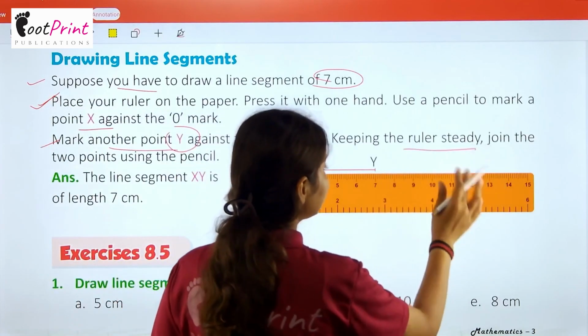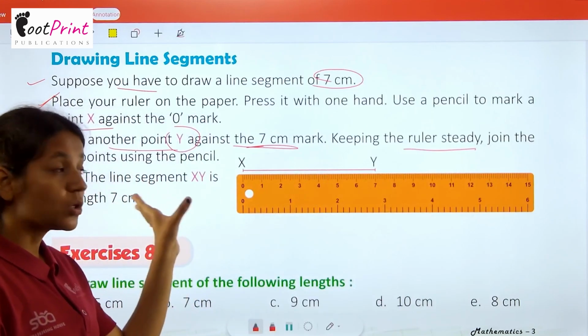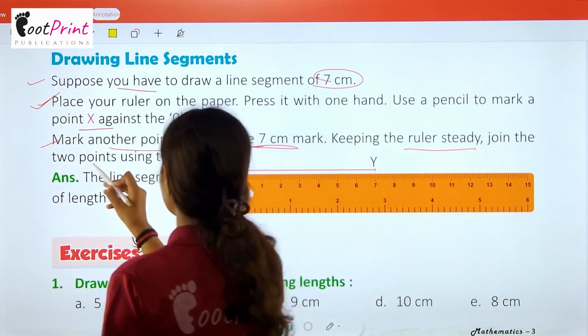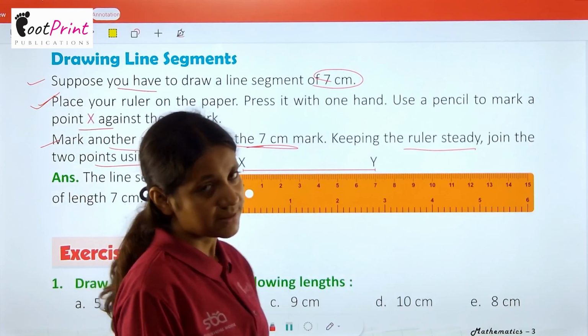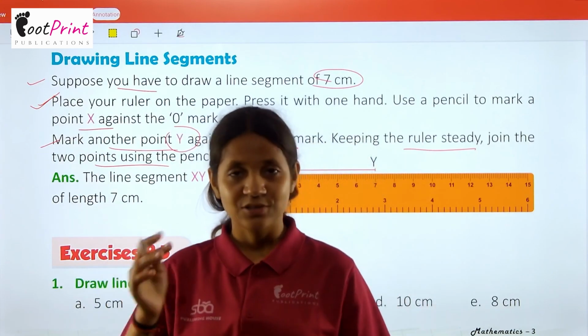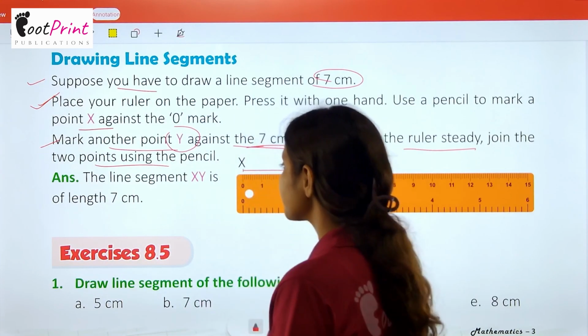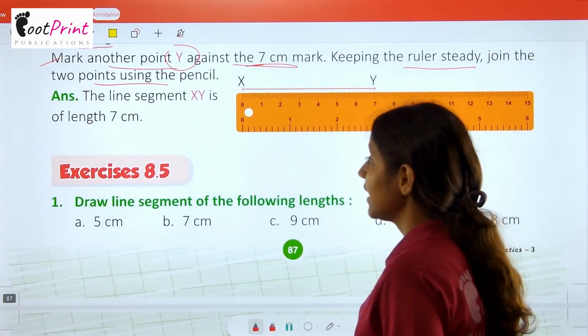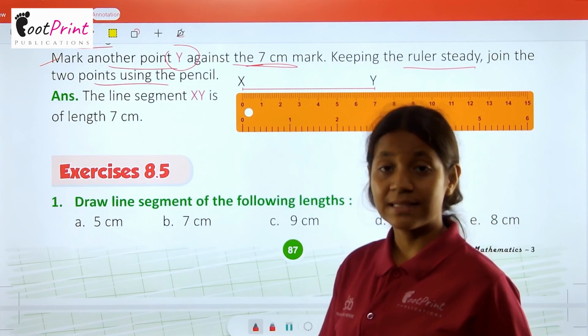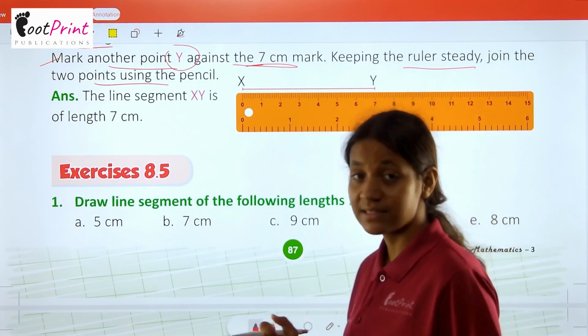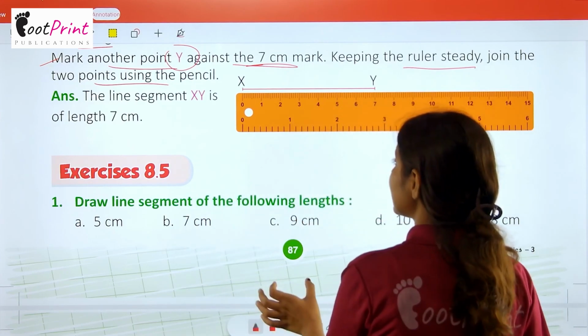Keeping the ruler steady, join the two points using the pencil. The line segment XY is of length 7 centimeter. Then we can say that this line is of 7 centimeter.